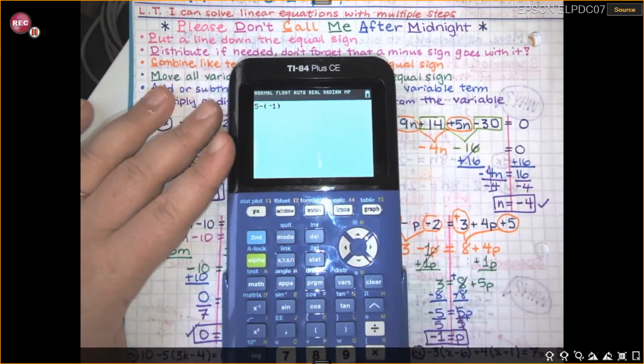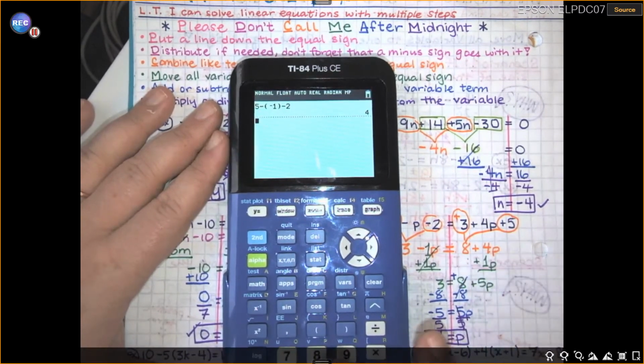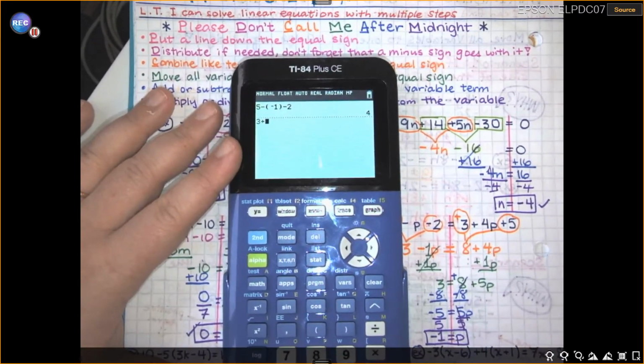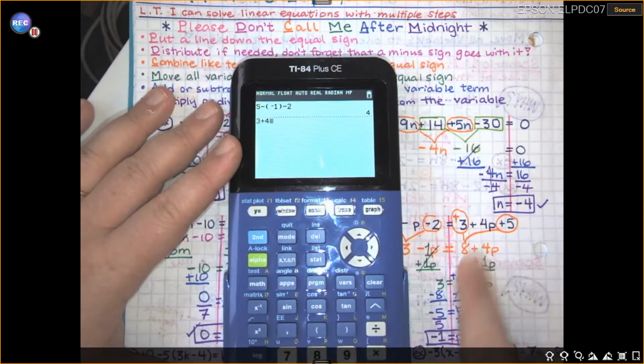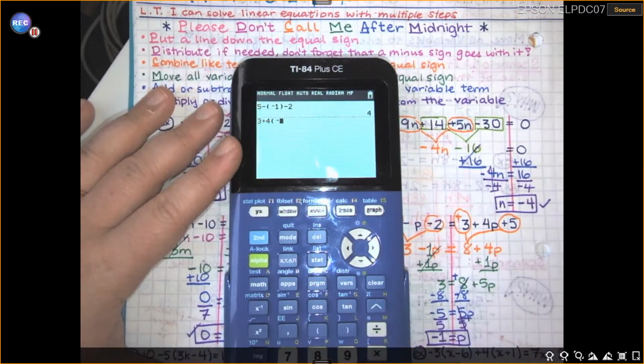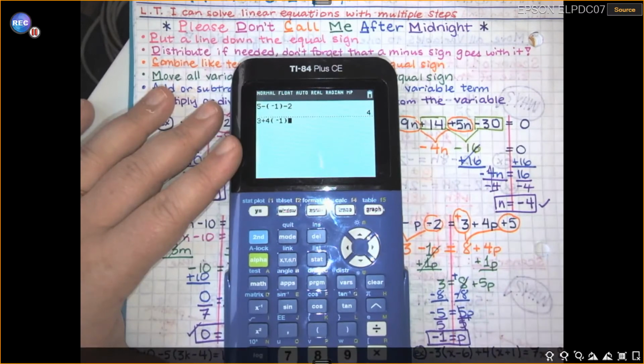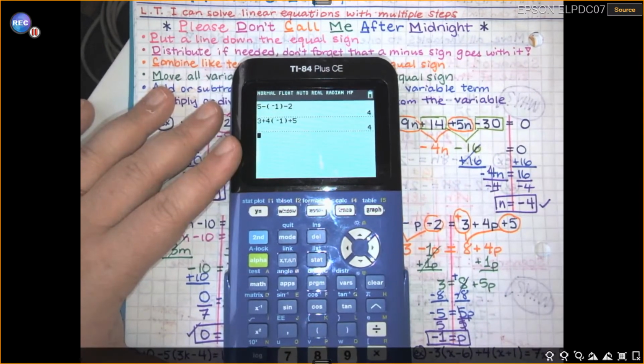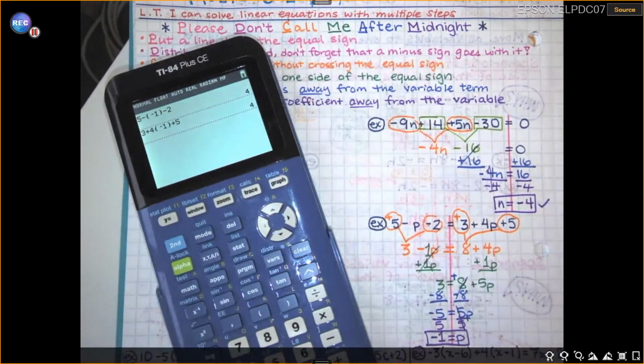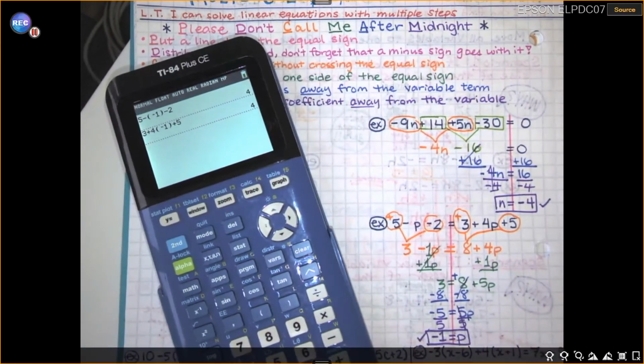Close it, and then minus 2. And that gives me 4. Now I'll do this side. 3 plus 4, and then instead of p, I'm going to put in negative 1. And then add 5. And I also get 4, meaning this is the correct solution.